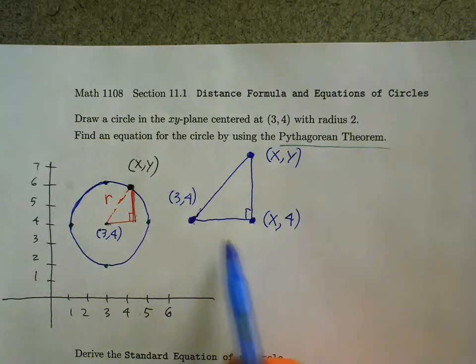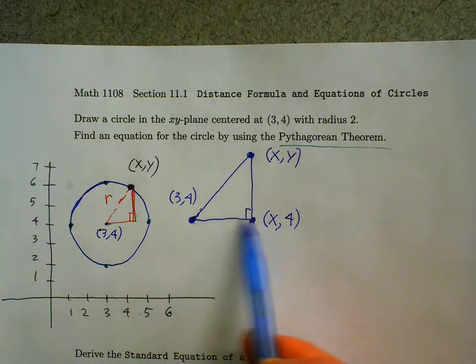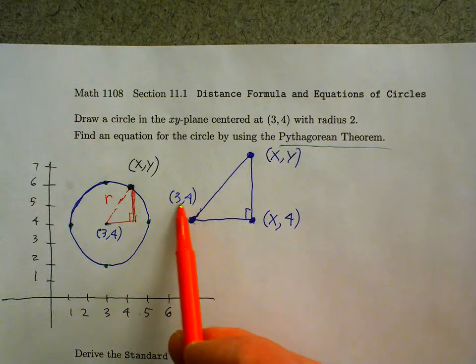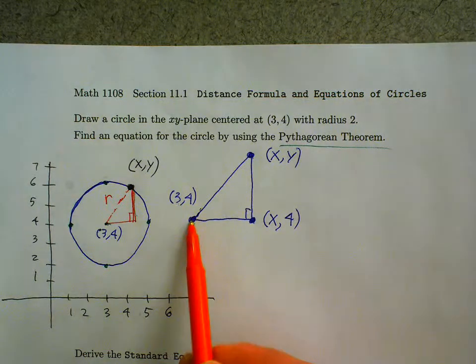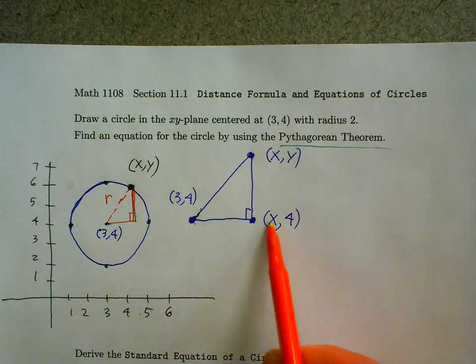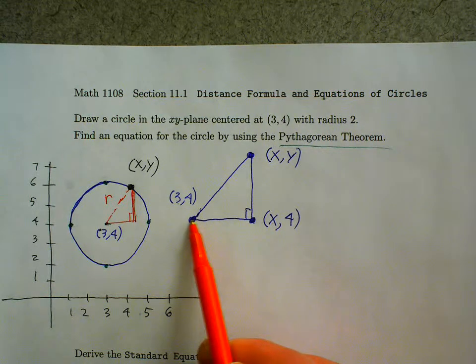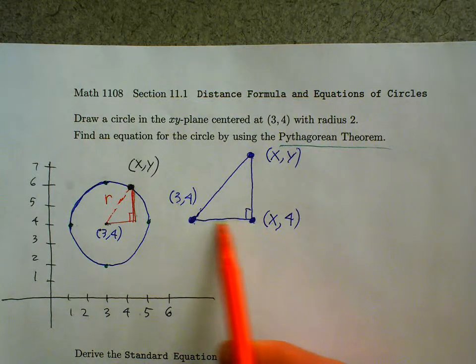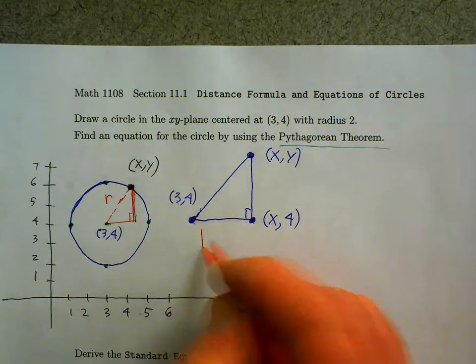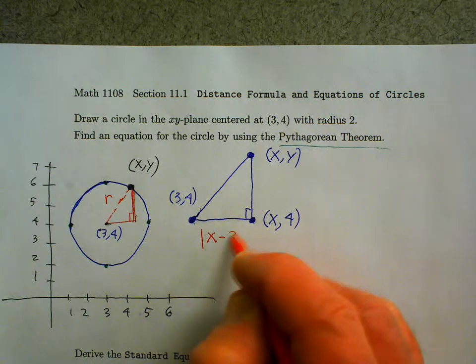So how do we represent the length of the horizontal side of this right triangle? We just focus on the x coordinates. The x coordinate of this point is 3, and the x coordinate of this point is x. So the length of this horizontal side is the absolute value of x minus 3.